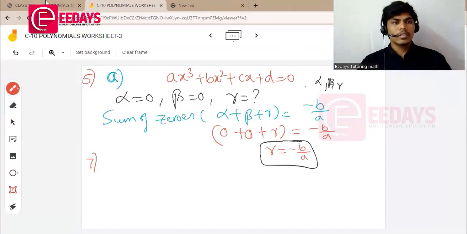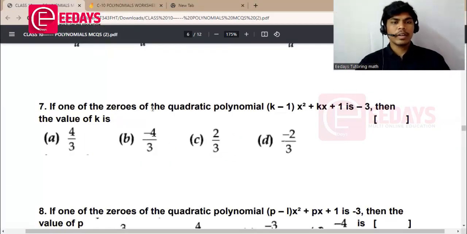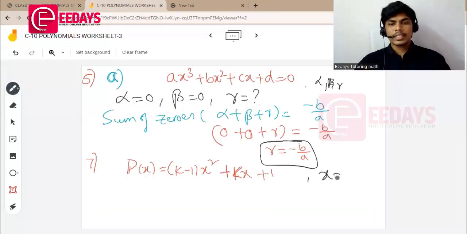Seventh question. First of all, the polynomial equation. P of x would be (k minus 1) into x square plus kx plus 1. One of the zeros is already given as minus 3, that is nothing but x is equal to minus 3.